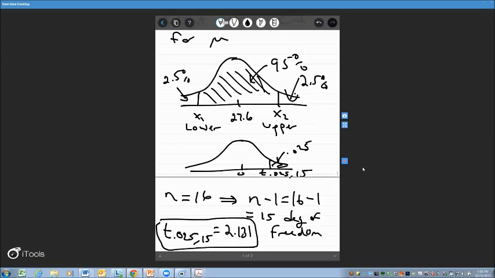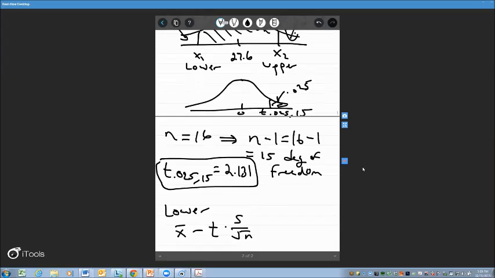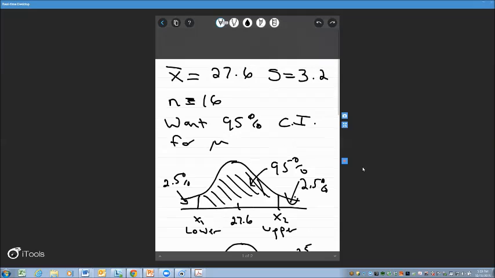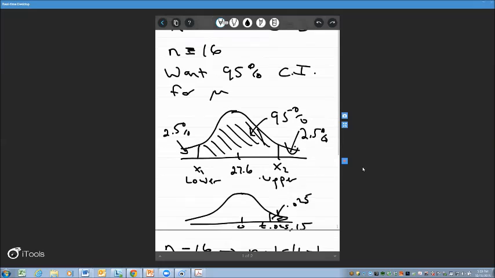So now we know that our lower end is x bar minus t times s over the square root of n, which in this case is 27.6. Let's go back up here. x bar was 27.6, and s was 3.2, and n was 16.